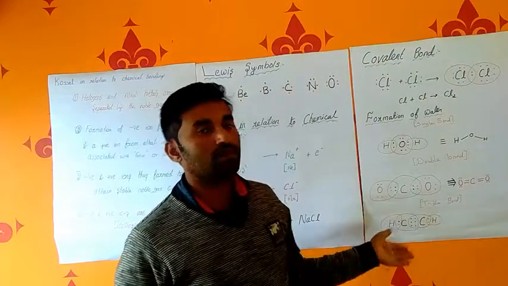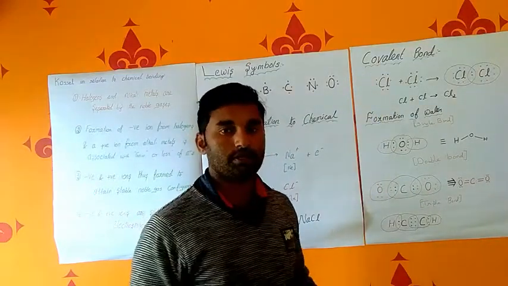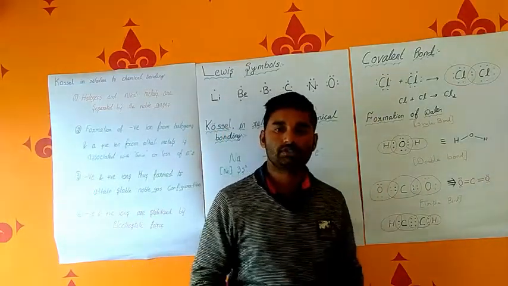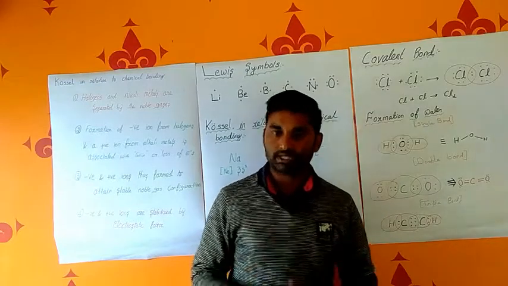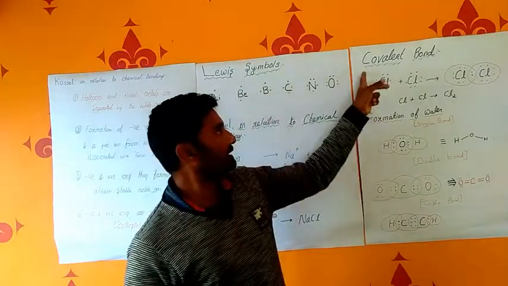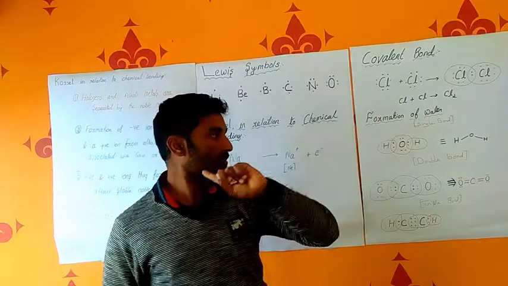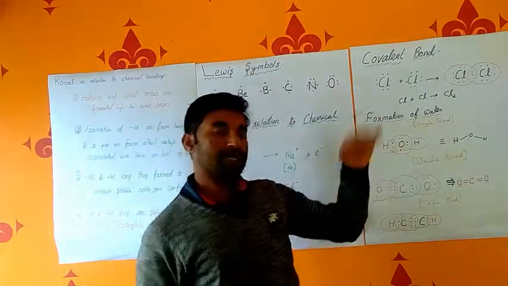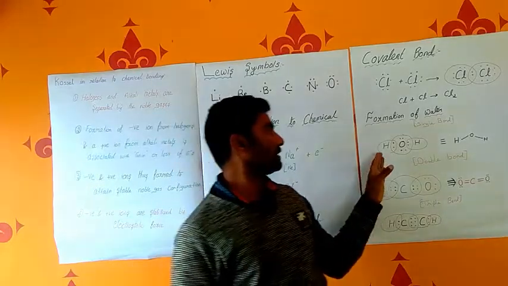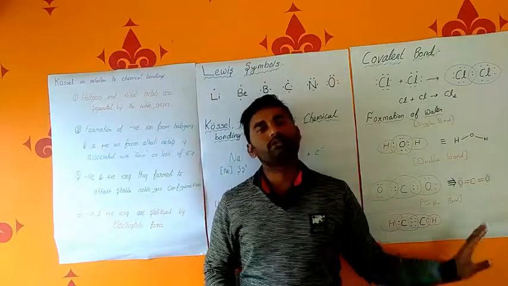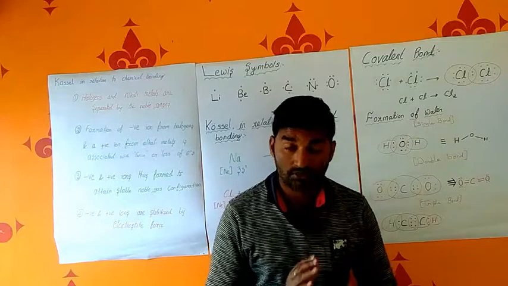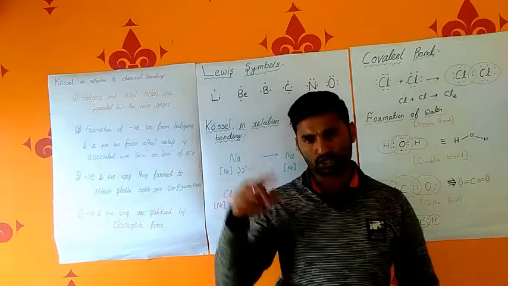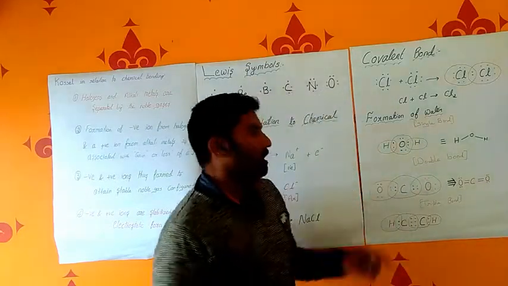So in covalent bonding, not only single bonds, there are multiple bonds also possible in nature itself. Okay, so here in chlorine, the formation of only one bond we have seen. So let's see another example also, the formation of water. Okay, so we know that the chemical formula of water is H2O.